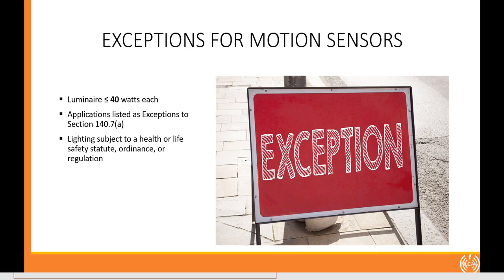So if you're looking for exceptions for this motion sensor requirement, I recommend you look at that table or that section and see if maybe your application could use that exception. And then the third one is just lighting subject to a health or life safety statute, ordinance, or regulation would exempt you from this motion sensor requirement.